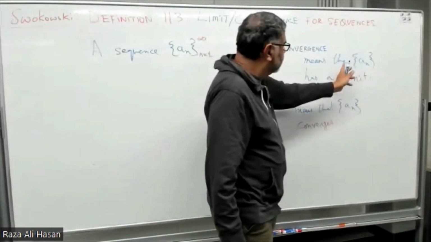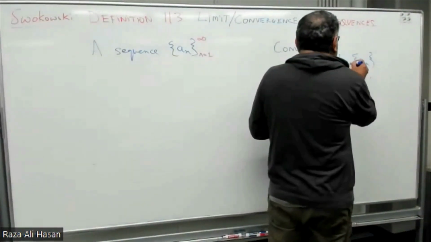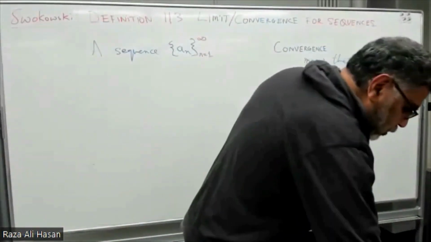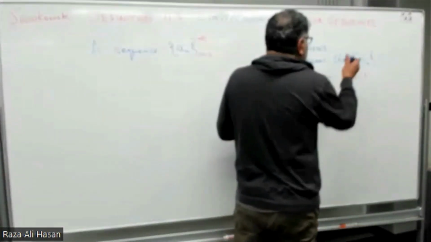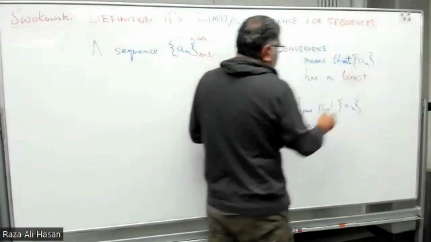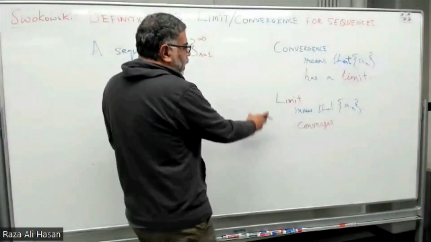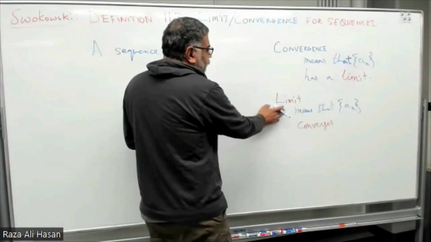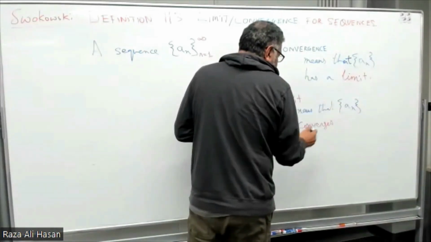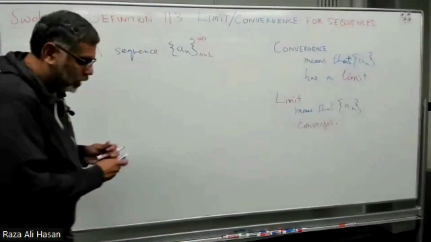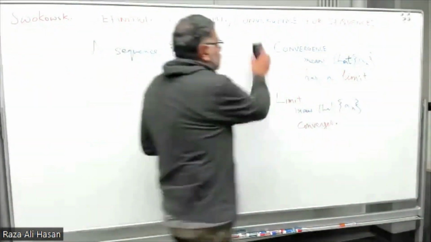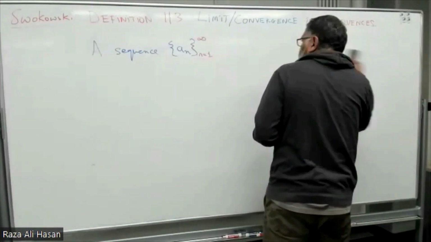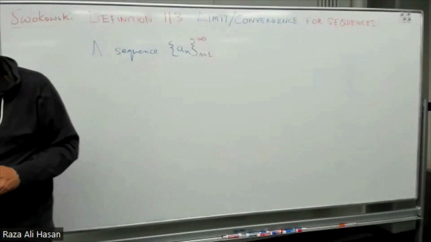Convergence means that the sequence has a limit. A sequence that has a limit means that that sequence converges. Okay, so let's delete that and get going here.